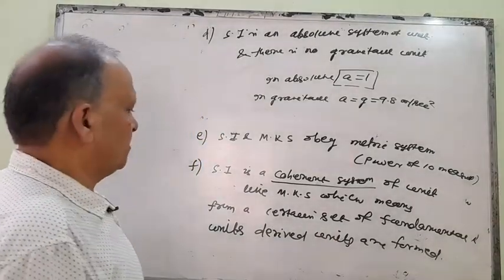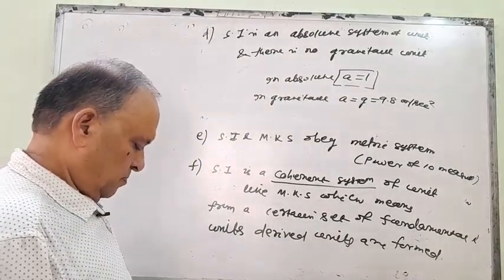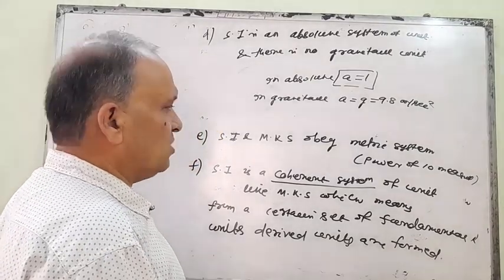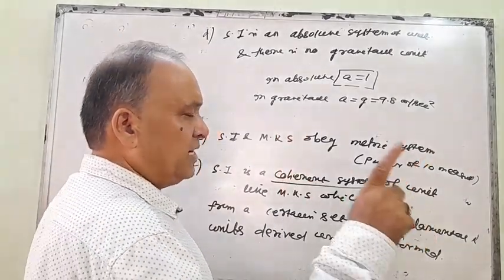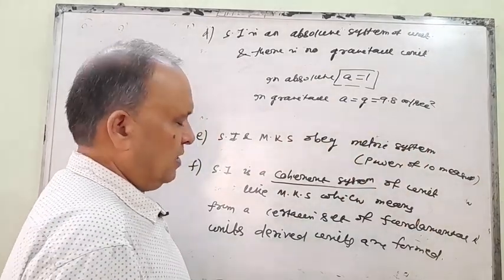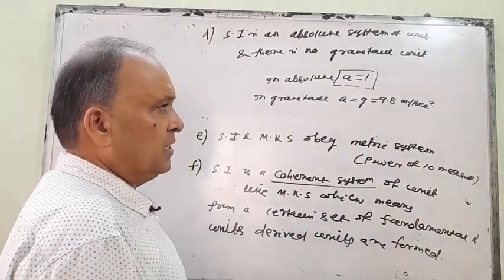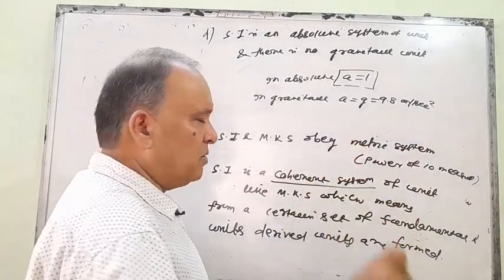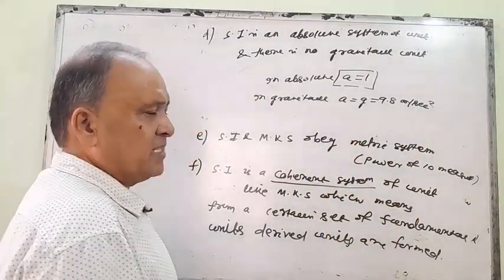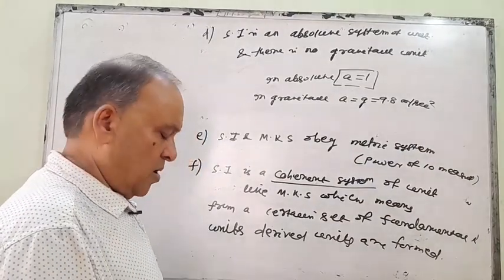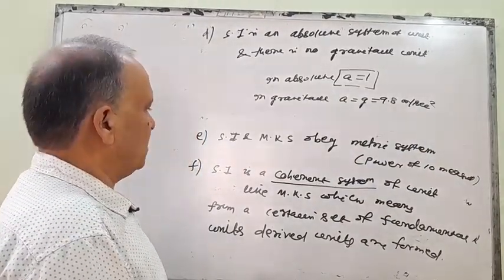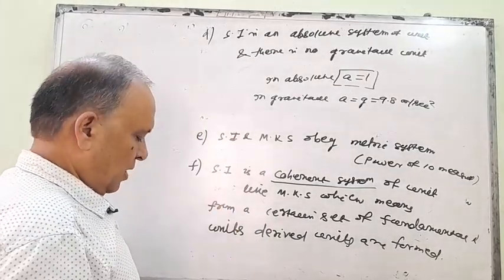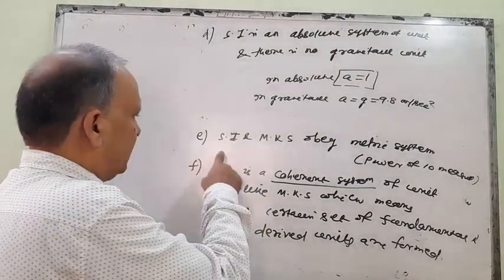Third one is your SI is a rationalized system. That means one physical quantity has 1 unit, like energy. In SI, all types of energy have 1 unit, but in MKS different types of energy have different units. These are 4 differences, and there are 2 similarities.